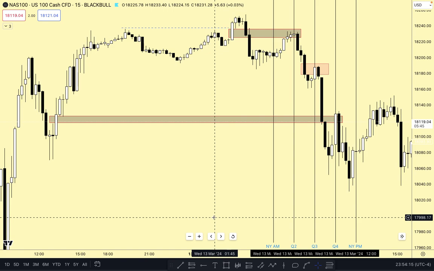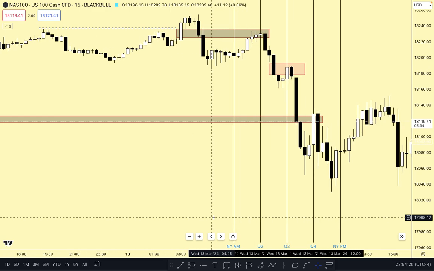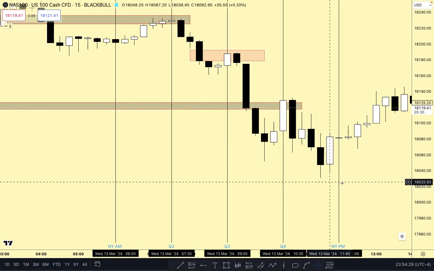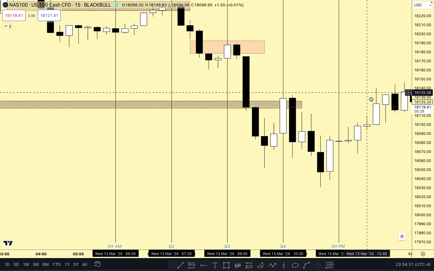What made me even more interested today, after I was back testing and reviewing price, I jotted down the price action, and then I thought, what if I overlaid quarterly theory or the times on top of that? So here we are.